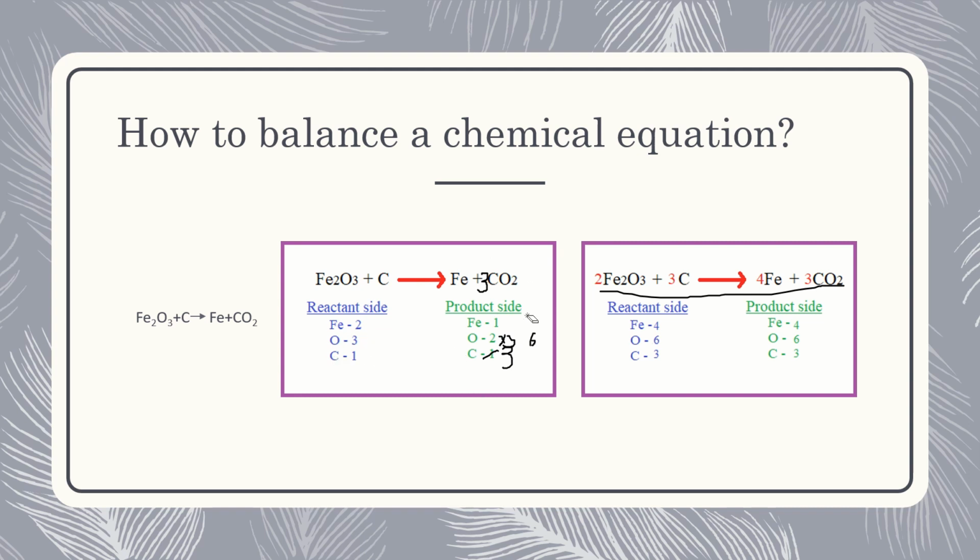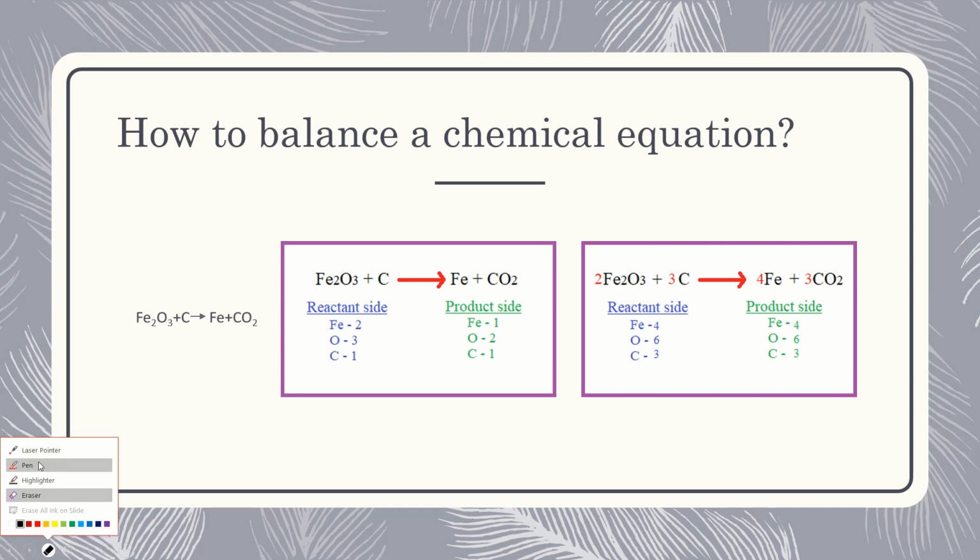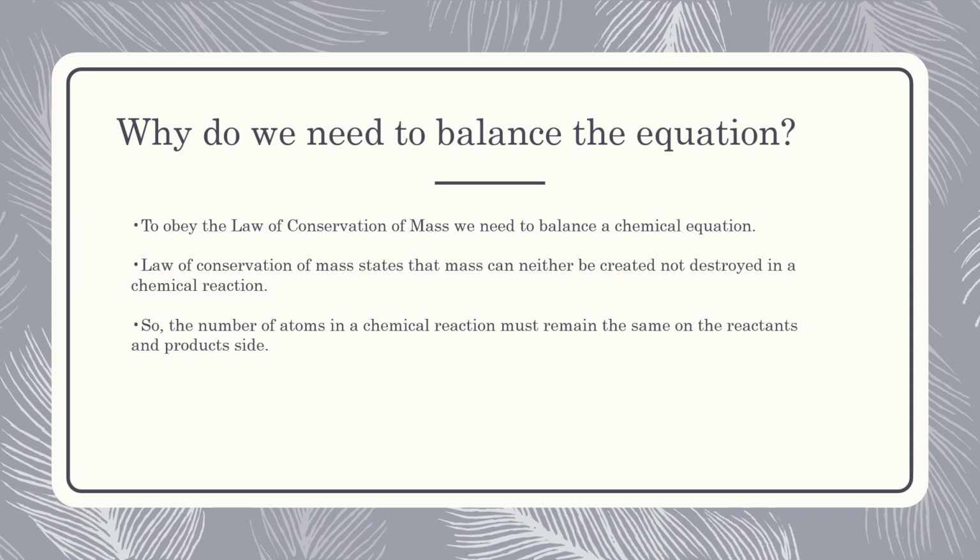Let's move on to the next one. Here, let's see why we need to actually balance the equations. You might know the law of conservation of mass. Whoever doesn't know, let's see. The law of conservation of mass states that mass can neither be destroyed nor created in a chemical reaction.